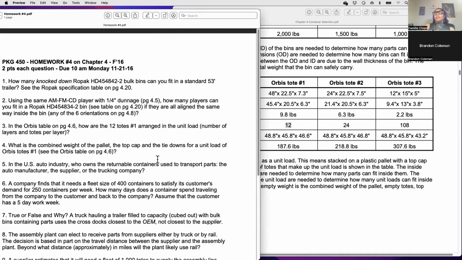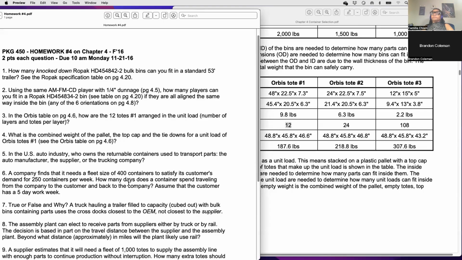You're looking at the pallet, the top cap, and the tie downs. So you need to separate out the weight of the totes, because you're just looking at the weight of the pallet, the top cap, and the tie downs from that total that you have.